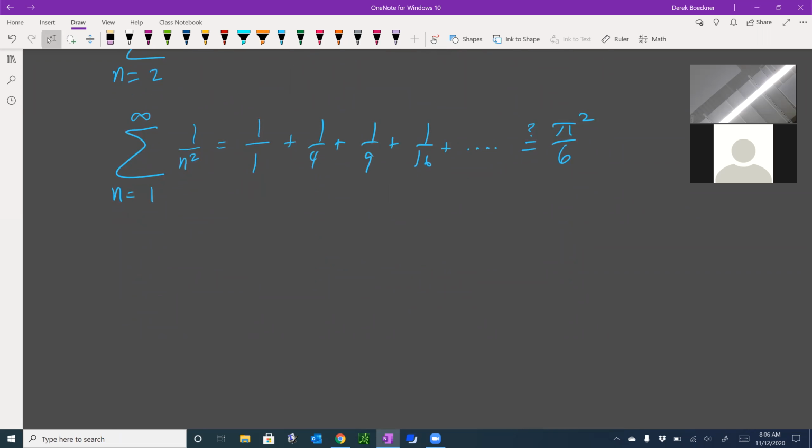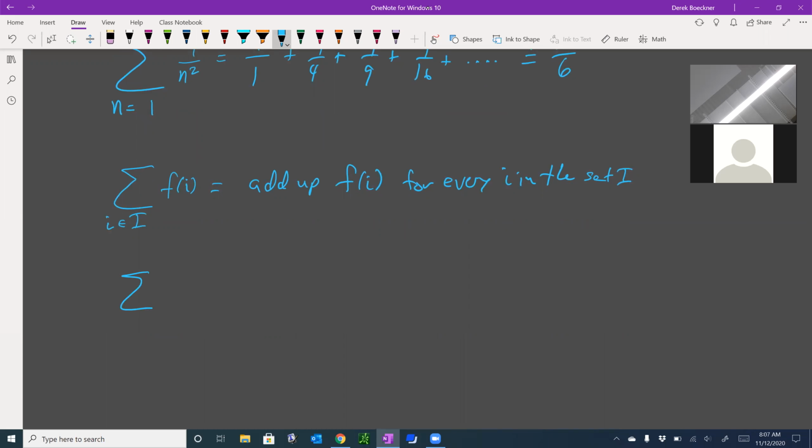You can do things like this, where then this is add up f of I for every I in the set I. So I could do the sum of P prime of 1 over P squared.